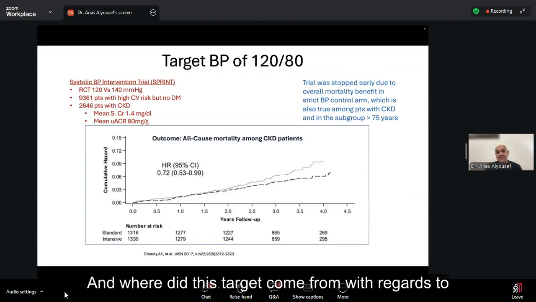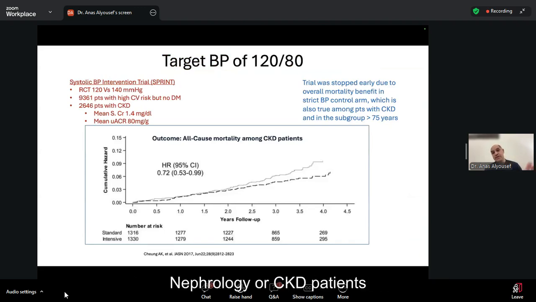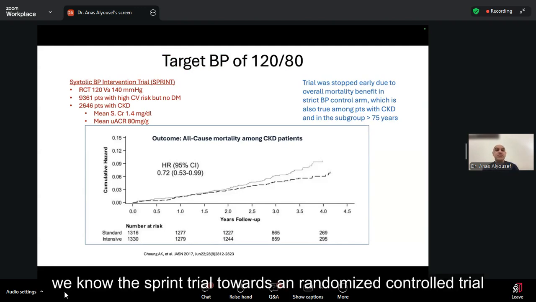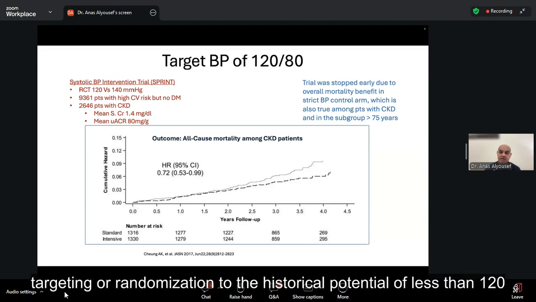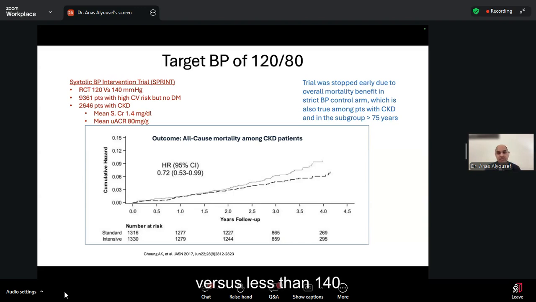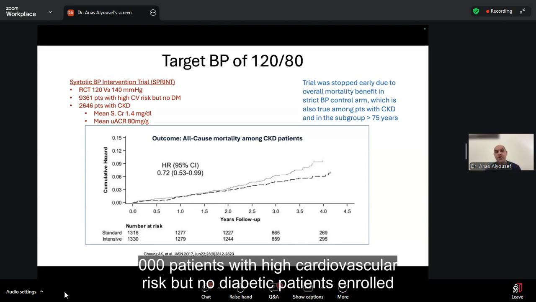And where did this target come from with regards to nephrology or CKD patients? We know the SPRINT trial. It was a randomized controlled trial randomizing patients to a systolic blood pressure of less than 120 versus less than 140. It enrolled over 9,000 patients with high cardiovascular risk, but no diabetic patients.